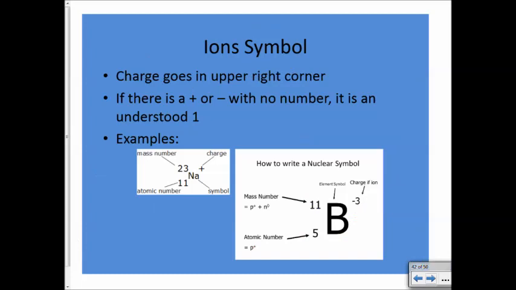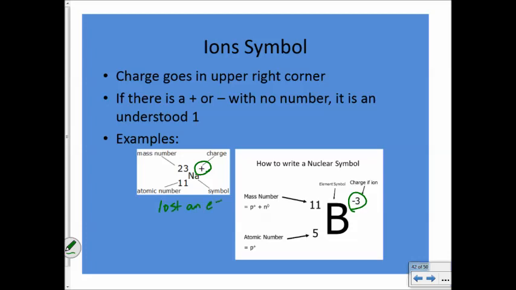When you have an ion, you're going to see a charge on the symbol. It'll have it in the upper right corner. An example of one with a positive charge and an example of one that has a negative charge. Okay? So, if I'm looking here, the sodium over here lost an electron.